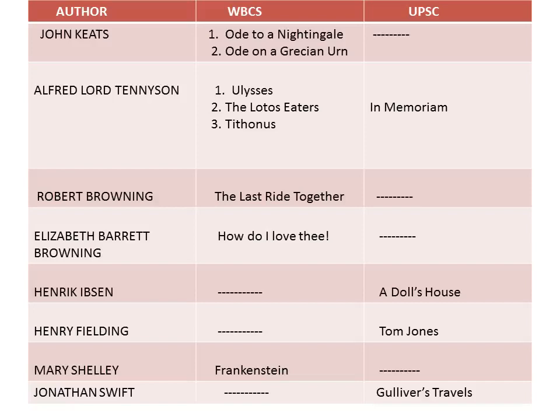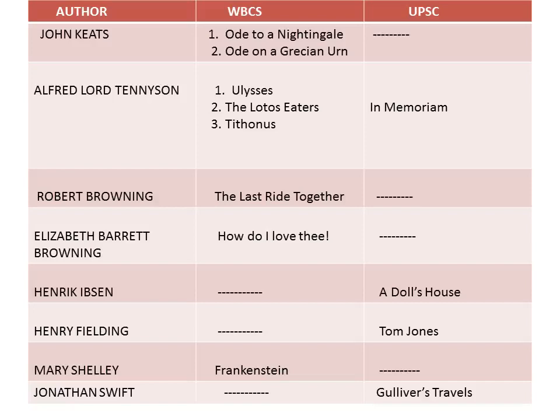But let me tell you that overall that's going to give you a better idea of the authors, and it may even help you in writing answers. So say if you are writing an answer on Tennyson in UPSC, and of course you are expected to write about In Memoriam, but there if you can give intertextual examples, meaning that if you can quote something relevant from Ulysses as well, then no harm done. It's actually better. You're displaying a better knowledge over there.